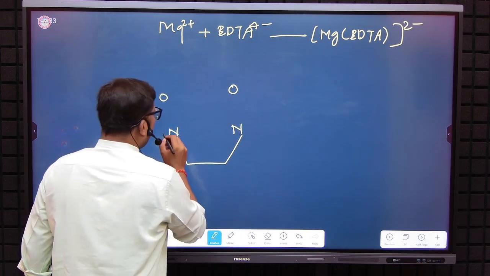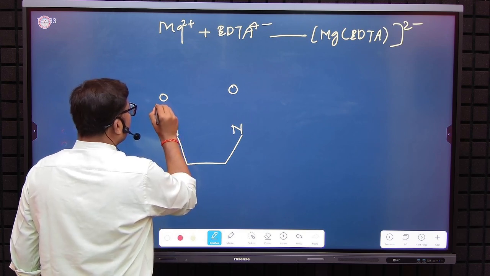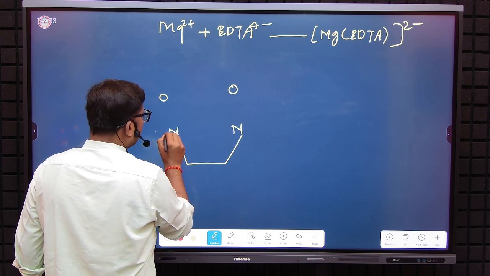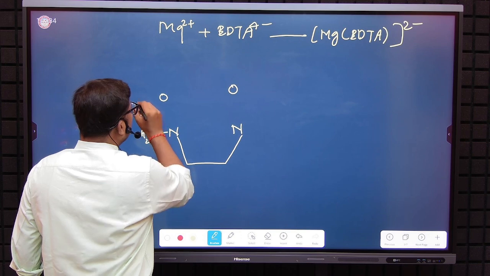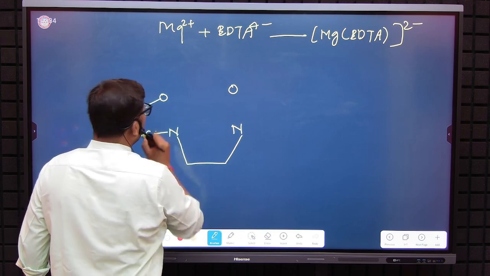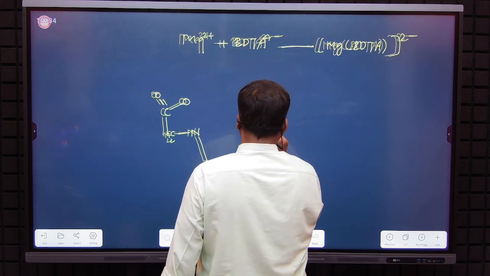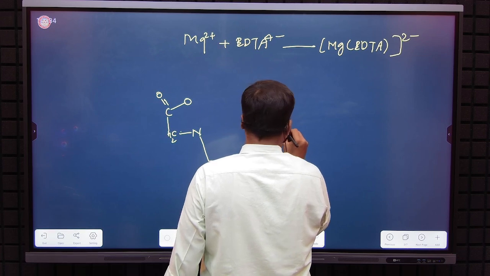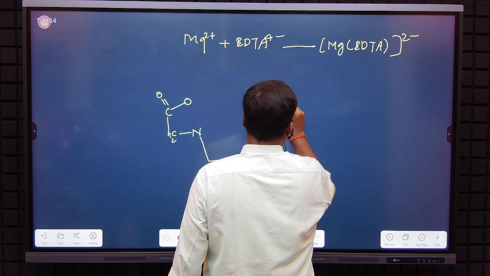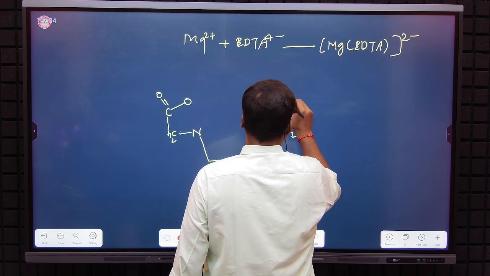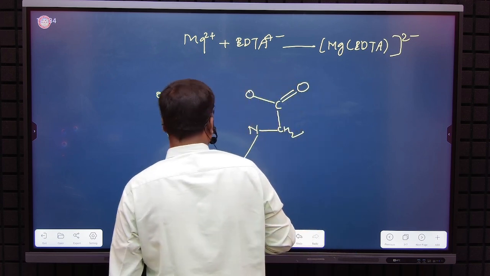So this nitrogen contains CH2 C double bond O, right. Similarly, in this structure, CH2, now this is your C and this is your C double bond O, right?